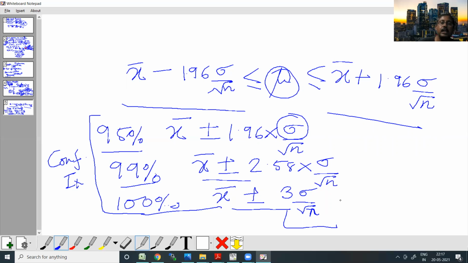This is in a nutshell what we can say about the confidence limits and confidence intervals based on different confidence degrees. The confidence intervals do change: 95% is something, 99% is another, and when we take almost 100% confidence degree, we have a different interval. I think that's all about interval estimation under the purview of estimation of parameters.